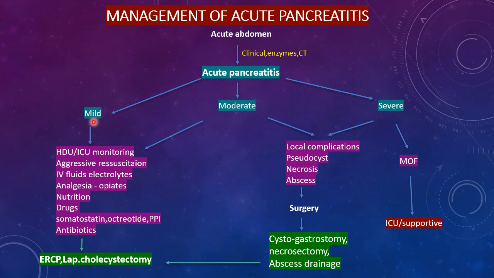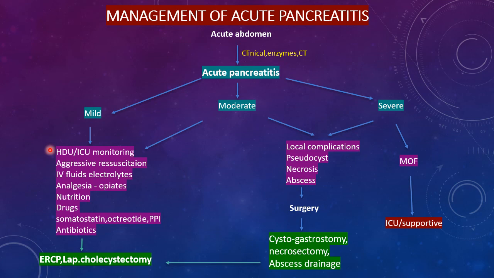Mild is usually given aggressive resuscitation, if possible admit to HDU, IV and electrolyte replacement, potent analgesia, especially opiates, nutritional support, probably with early NG feeding, nasogastric feeding, drugs such as somatostatin, octreotide, proton pump inhibitors, and antibiotics if necessary.